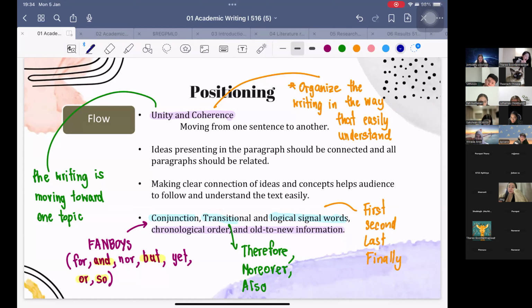One important rule: in academic writing, we do not start a sentence with a FANBOYS word.